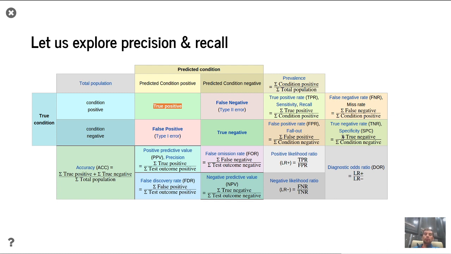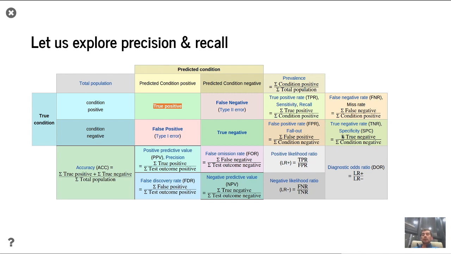For computer science papers, usually people use precision and recall. For some applied problems like, for example, medicine or biology, people usually use sensitivity and specificity. Sensitivity and recall are just different names for the same ratio.